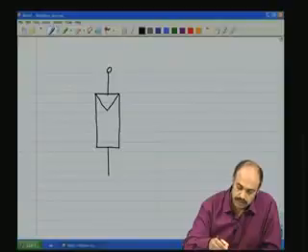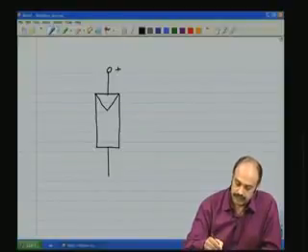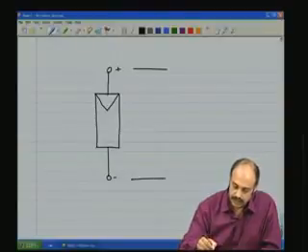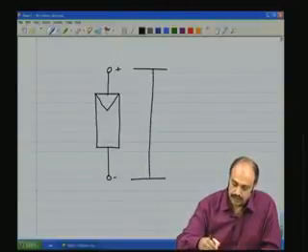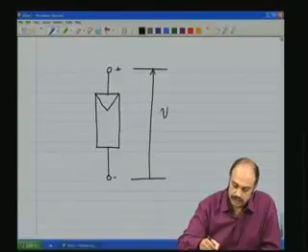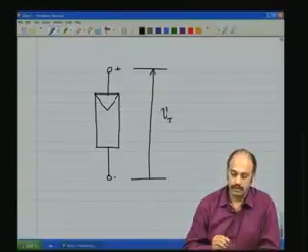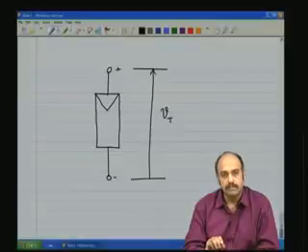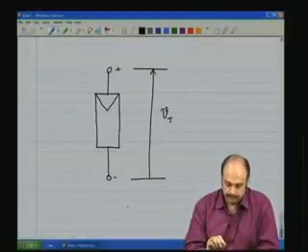This terminal is the positive end and this terminal is the negative end. And we get the terminal voltage across these terminals. So this is the symbolic representation of a photovoltaic cell.